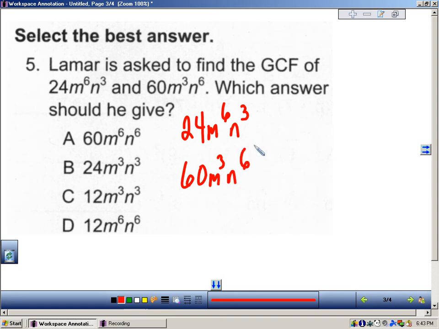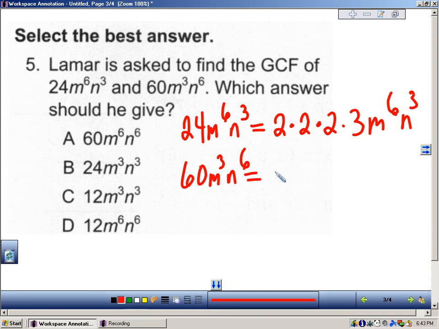Now, I guess I'll show the work. So I want to make sure it's right. 2 times 2 is 4. 4 times 3 is 12.